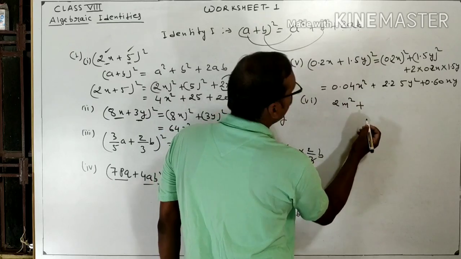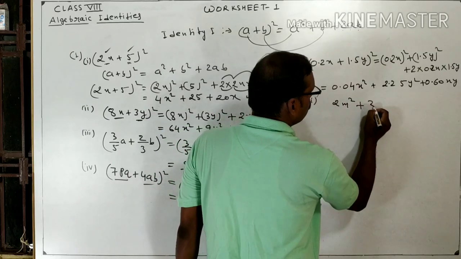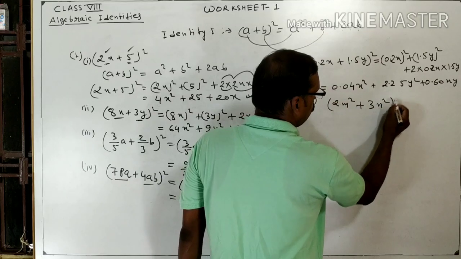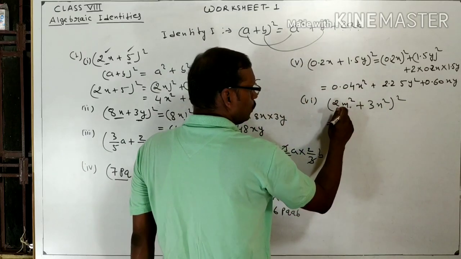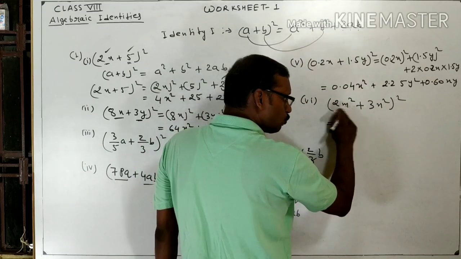(2m square + 3n square) whole square. So square of first number, or square of a.